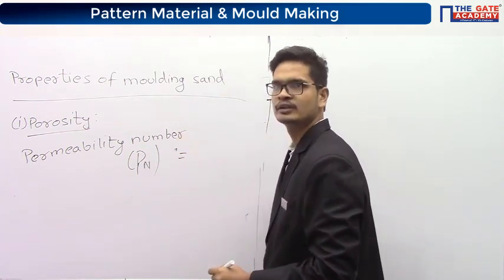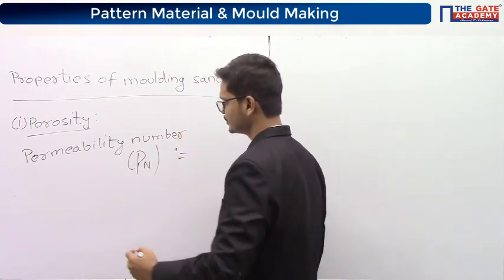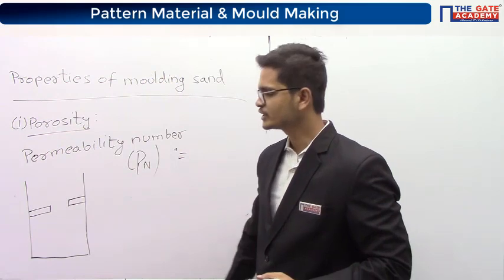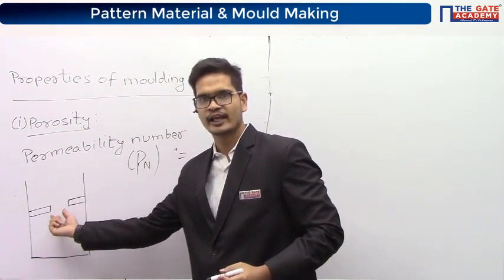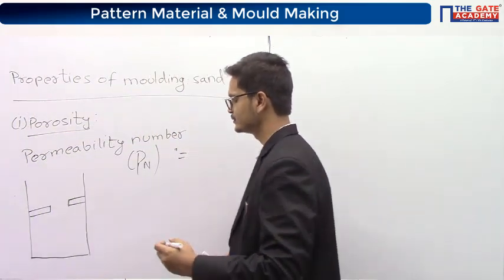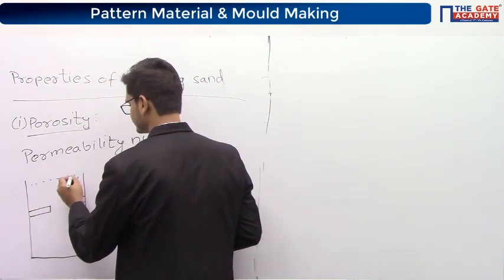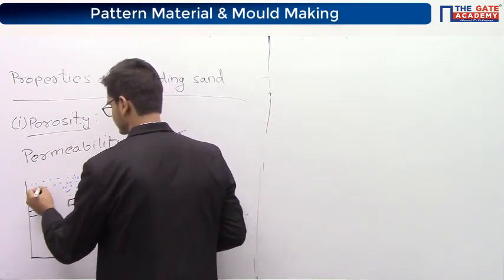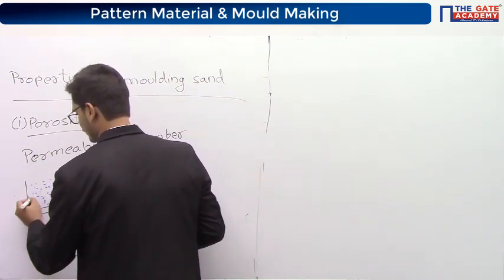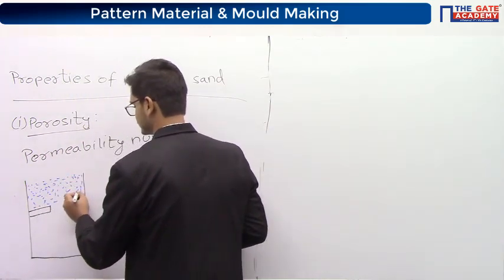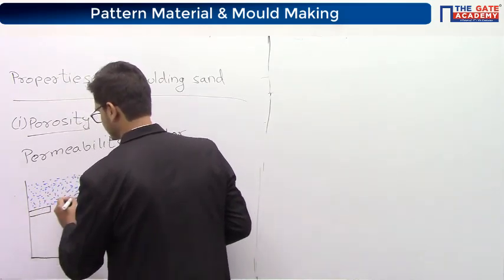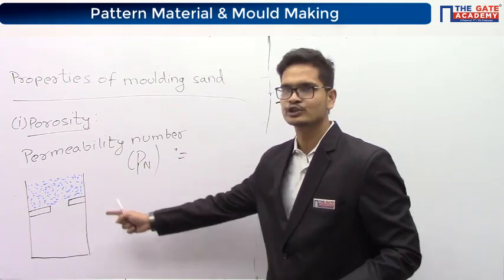What is PN? So for this, we have an experimental setup. We have a cylinder. On this cylinder, we have a small hole. Above this hole, we keep the molding sand. Let's suppose this is the molding sand whose properties we want to check.